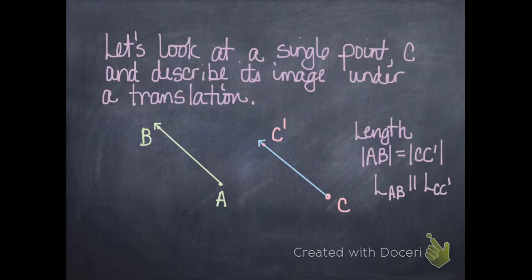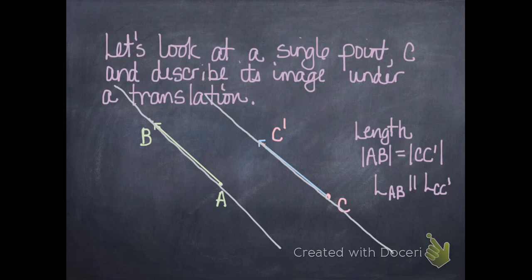Another thing is that the line that contains AB, so if I were to draw a line through there, let me just go ahead and draw that line. I'll draw it in gray. Here we go. If I draw this line through vector AB, and I draw the line through vector CC prime, those two lines are parallel.